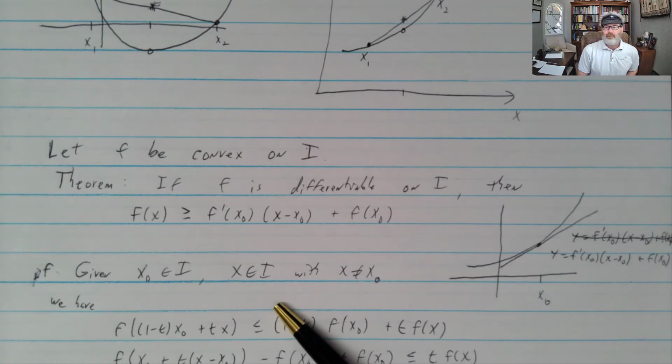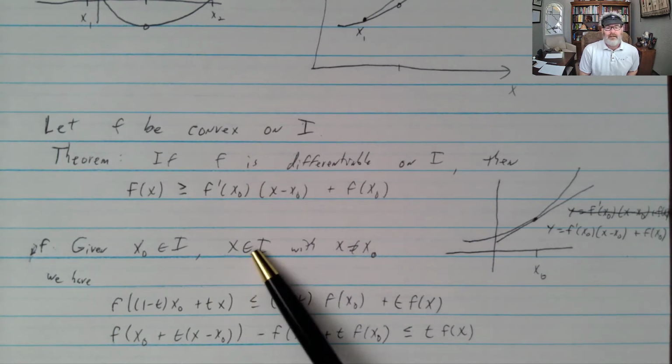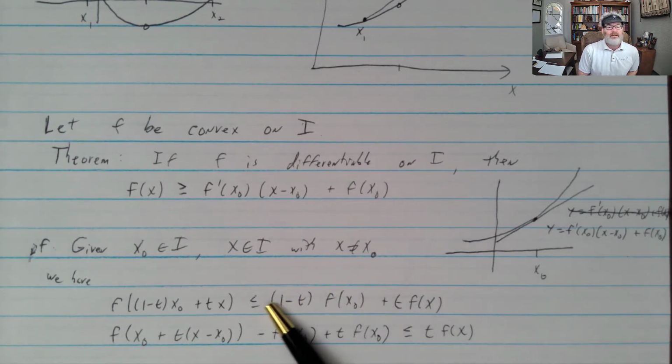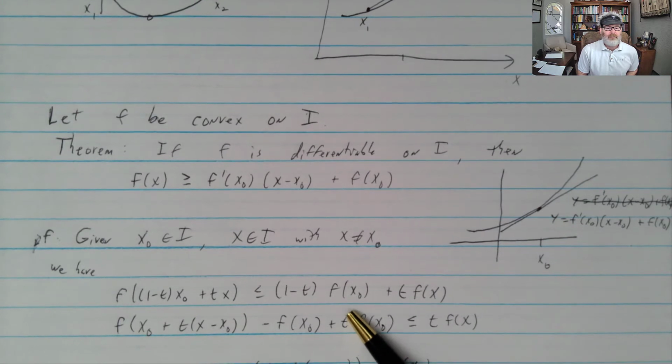All right, so if f is convex and differentiable, the function itself is above the tangent line for all x. Proof: given any x₀ in the interval where f is convex, and any x in the interval, x not equal to x₀, then since the function is convex, we have this, which was our definition. I replaced x₁ and x₂ with x₀ and x.